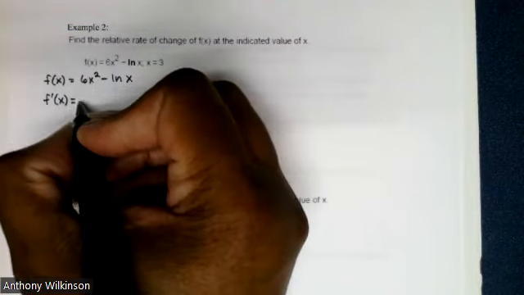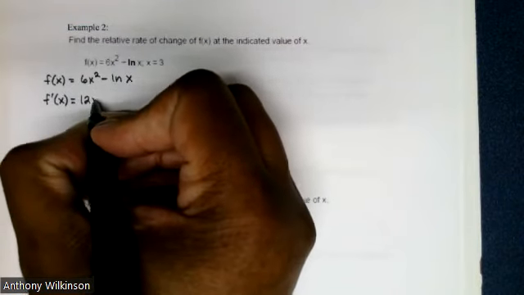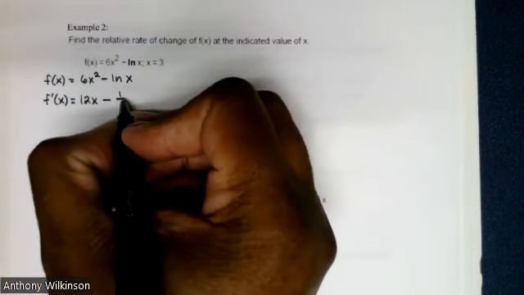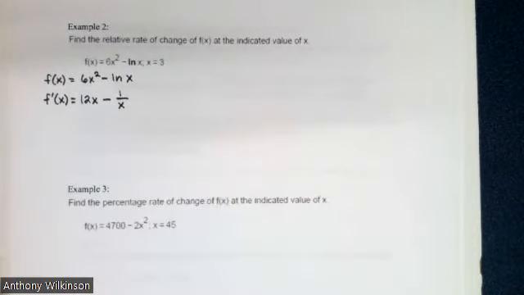For 6x squared, its derivative will just be, putting the 2 down, multiplied by 6, you're going to get 12x, minus the derivative of ln of x, that's just going to be 1 divided by x. So I got 12x minus 1 over x for f prime of x.